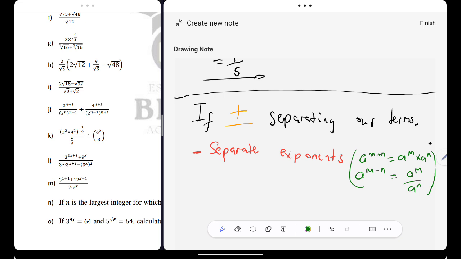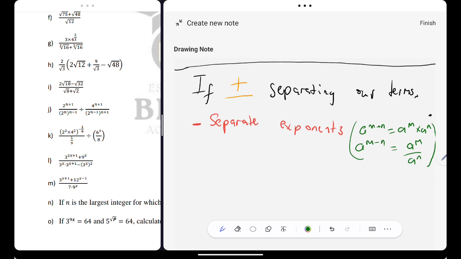If you have one base and then you have exponents which are adding, you can just separate them by using the first law of exponents. Just take both bases and put back the exponents there. If you have something like this, just separate it like this, together.